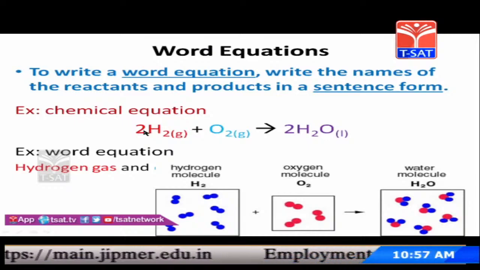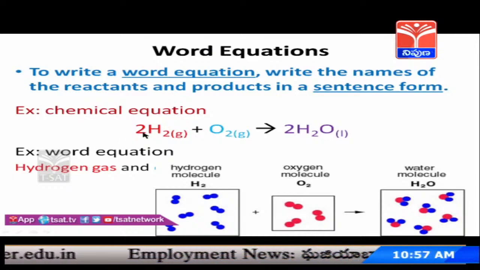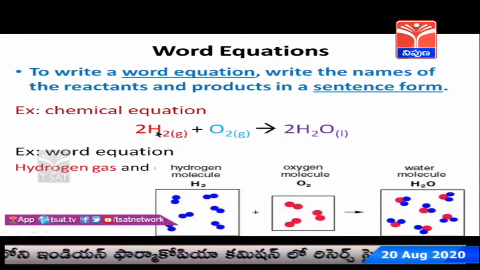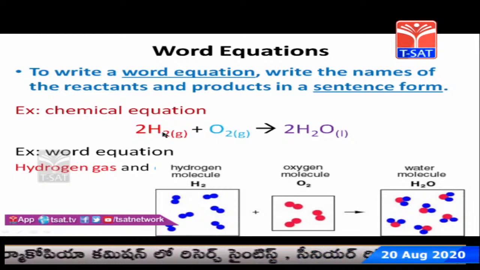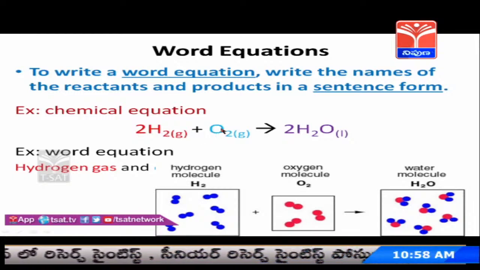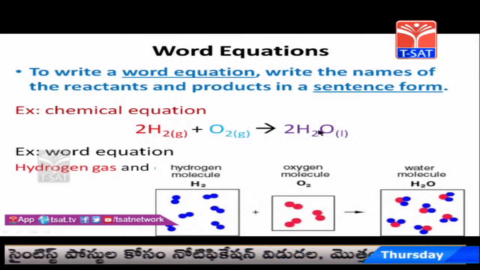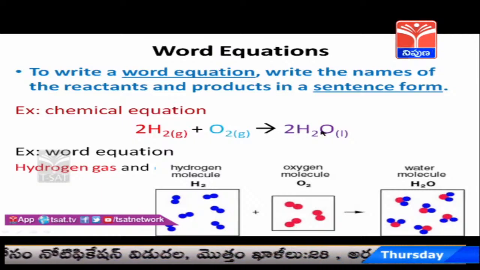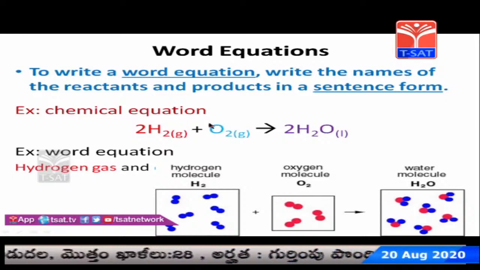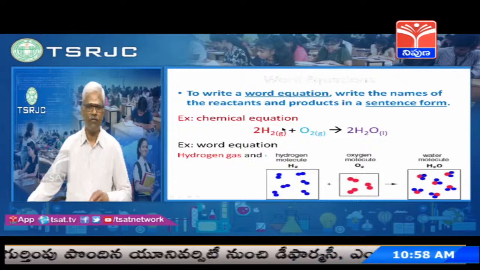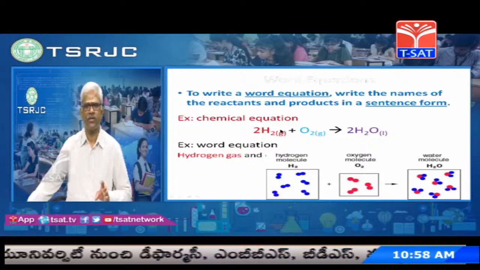If we do not use the coefficient 2 here, what happens? If 2 is not written here, one molecule of hydrogen reacts with one molecule of oxygen to form one molecule of water, which is absolutely wrong. It will not happen like that.